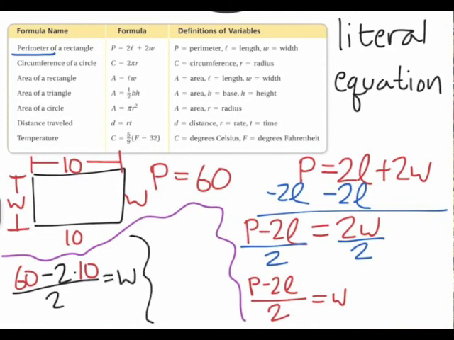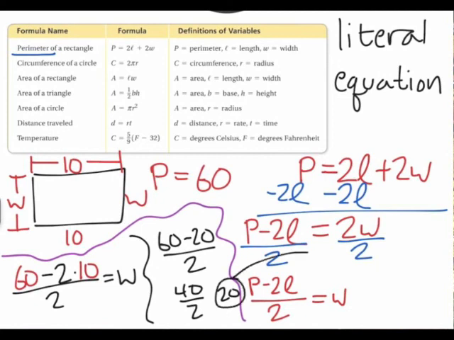Well, this is 60 minus 20 divided by 2, which is 40 divided by 2, which is 20. Okay, so I'm sorry, I'm running out of room, but 20 is the width of the shape. Okay, so over here, if I wanted to, I could just write 20 is the width. And of course, 10 plus 20 plus 10 plus 20 gives 60, the perimeter.